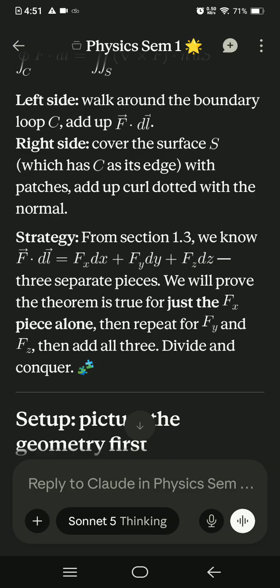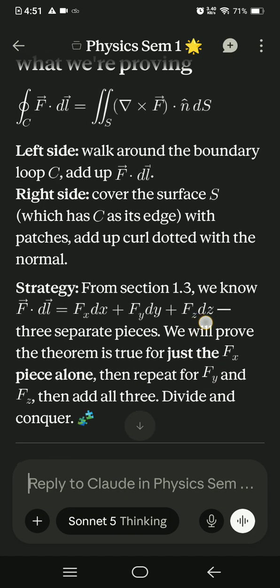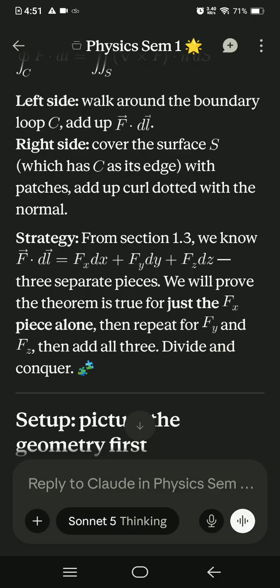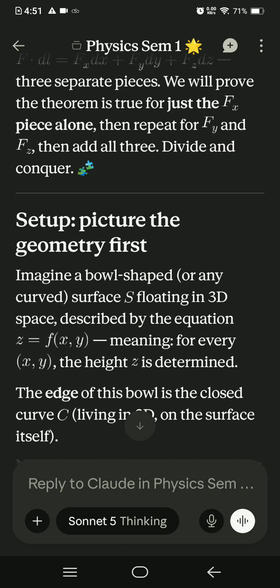From section 1.3 we know F dot dl is this. So three separate pieces. We will prove the theorem is true for just the Fx piece alone, then repeat for Fy and Fz, then add all three, divide and conquer. Okay, divide and conquer.